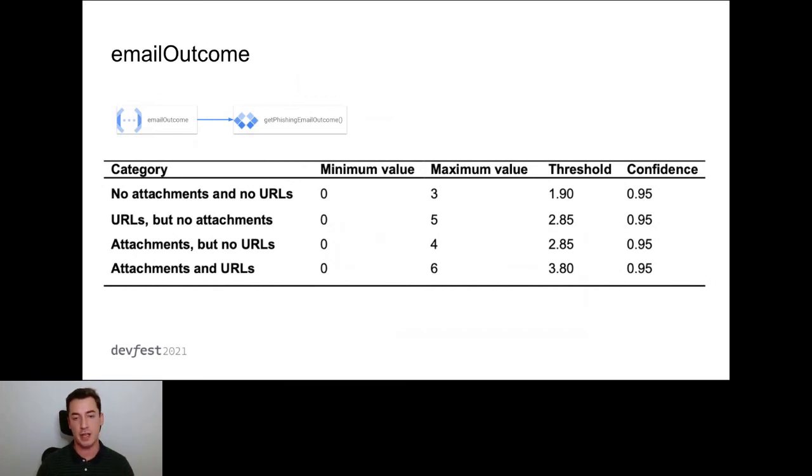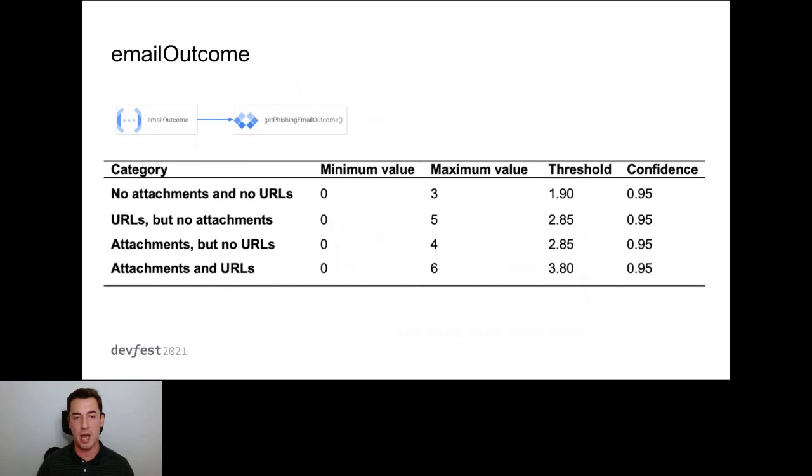And if you see over here, we have 1.9, but the maximum value is 3, right? Well, even though we have no URLs within our email, we do have a domain, right? So we have a domain from where that email originated. So we will send that domain as well to Google Safe Browsing, and based on 0 or 1, we're going to get a result.